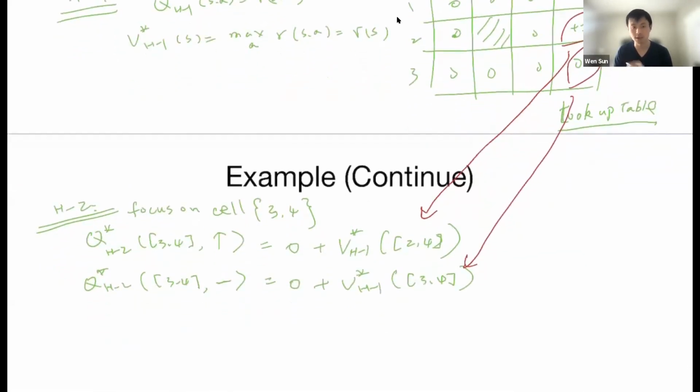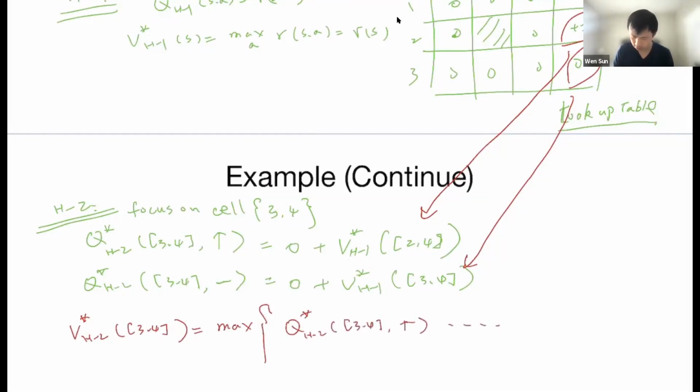Once we have done this process for every action, we can just use the definition that V star H minus 2 is just the max over all these Q values at each of the actions.